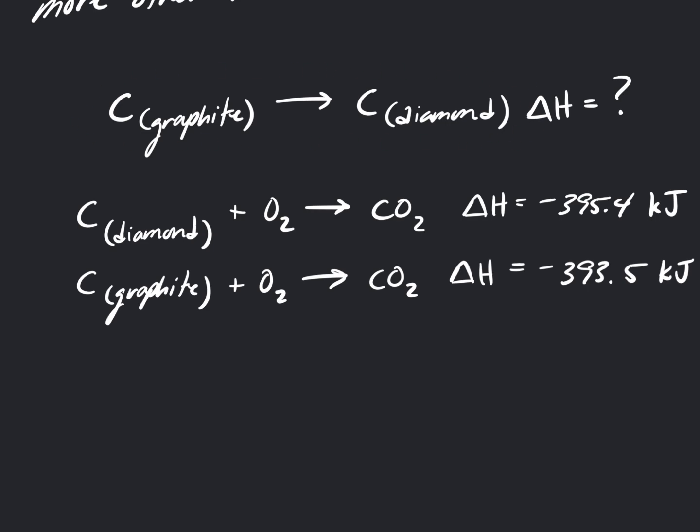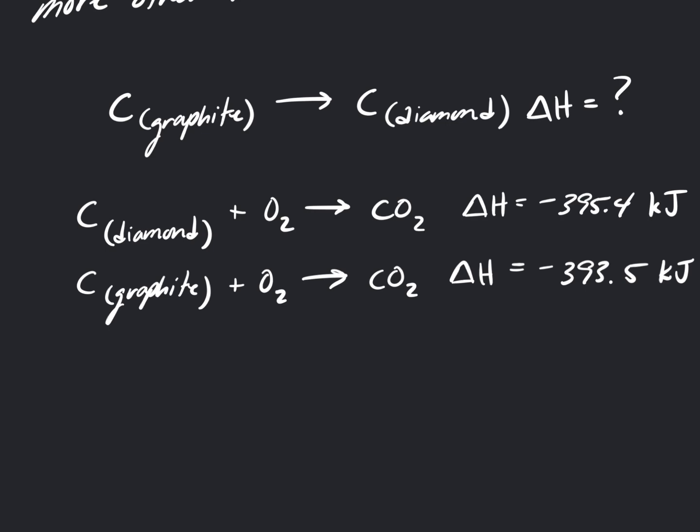But there's something that we need to do first, okay? You'll notice that in these two reactions that I gave you, we're starting with diamond in the first reaction, and we're starting with graphite in the second reaction. But in the reaction that I care about, we start with graphite as a reactant, and we end with diamond as a product.